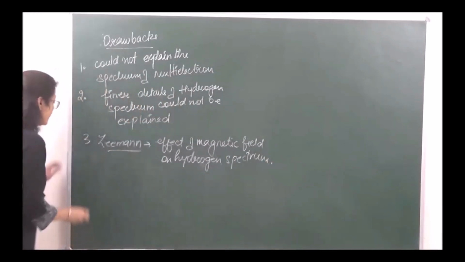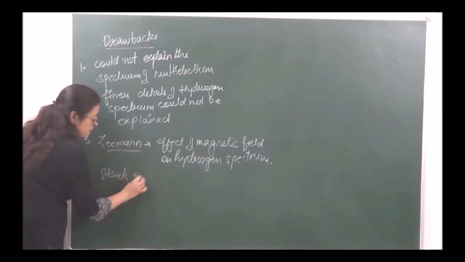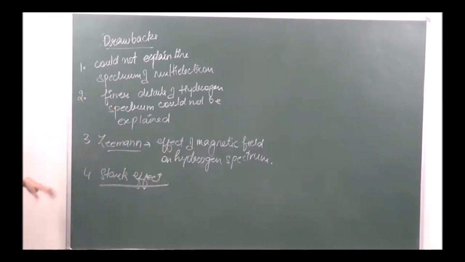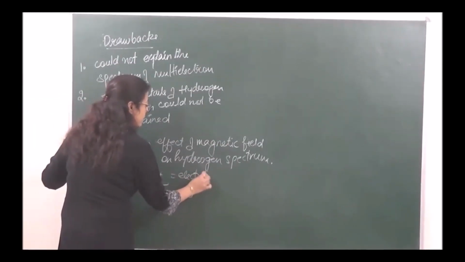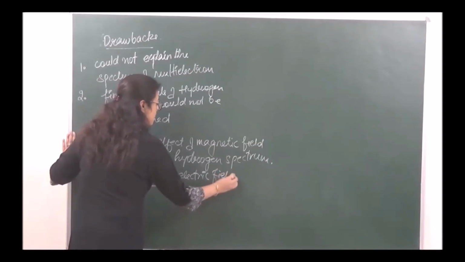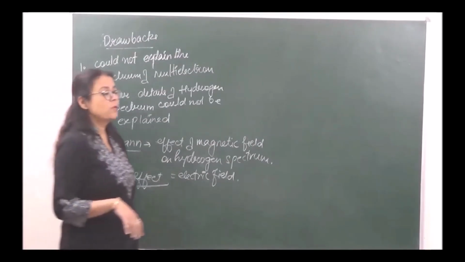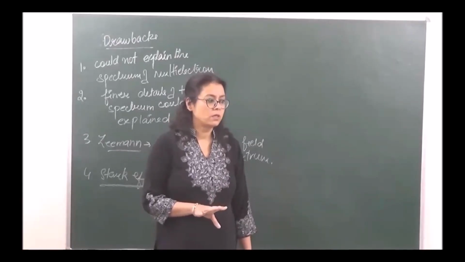Okay? And he could not explain the Stark effect. Stark effect is the effect of electric field, right? So this was Bohr's model. In the next lecture we are going to do questions on this. Okay?